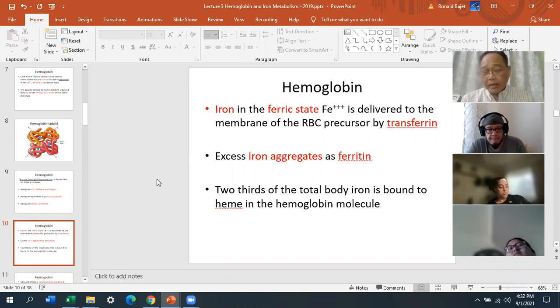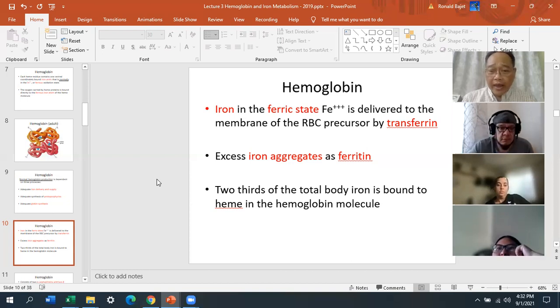Iron that has been released from dead red blood cells is taken up by transferrin from the reticuloendothelial system back to the bone marrow. There's a pretty good illustration of that later on. It shows where iron is picked up at the end of the red cell life. Transferrin picks it up and delivers it to your bone marrow, and that's where you produce your red blood cells.